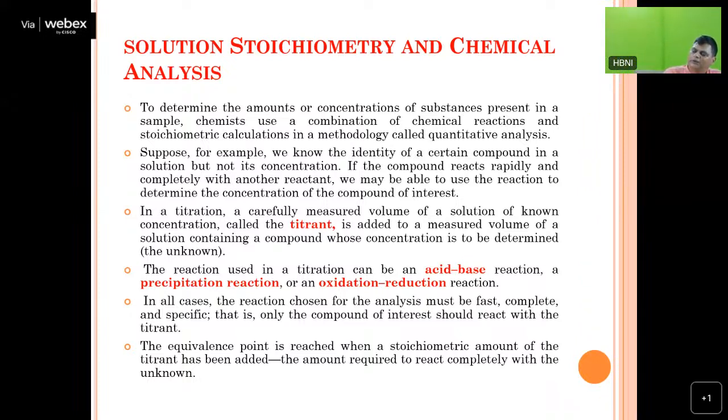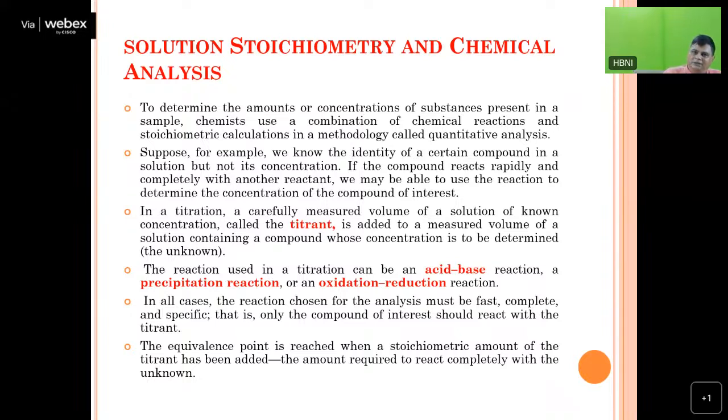At any point of time, if you want to know the concentration of a reactant and a product, or of all the constituents of a reaction, then you need to know the stoichiometry. So basically, by doing this stoichiometry, we will come to know the concentrations of the reactant and product at various stages of a reaction.